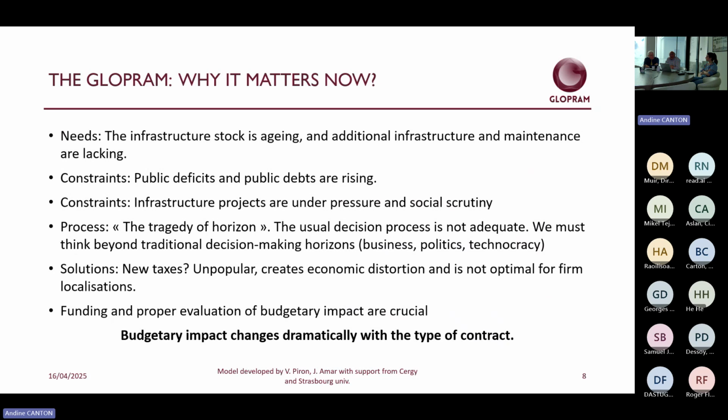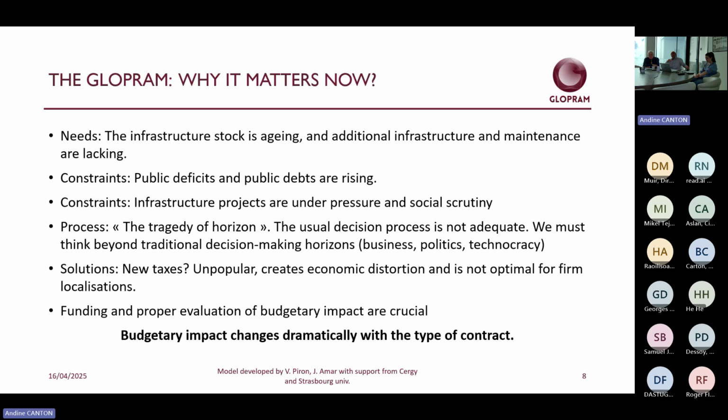And there is a critical point, which is what Mark Carney calls the tragedy of the horizon. What is that? It's the fact that the decision maker's horizon is short, and the projects are long-term projects, and the benefits are measured after 5, 10, 15, 20 years. The decision-making horizons for business, maybe it will be 3 to 5 years.